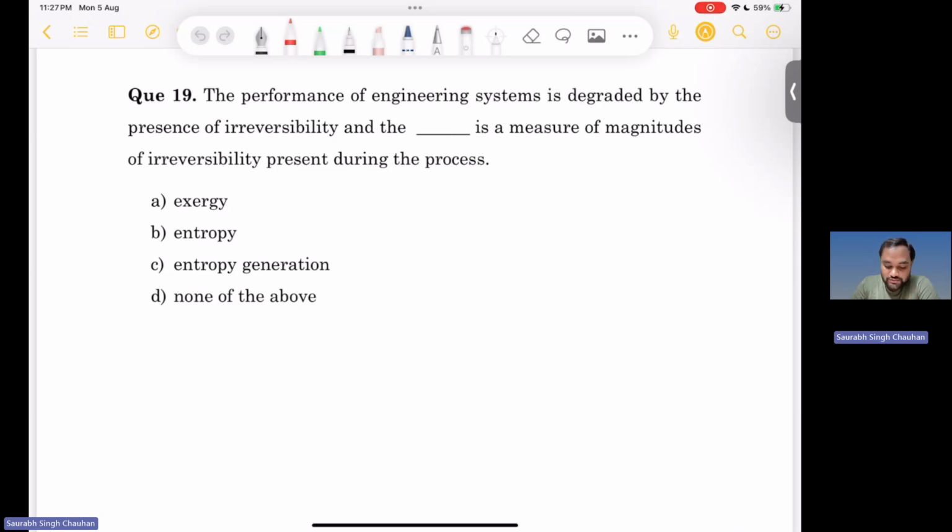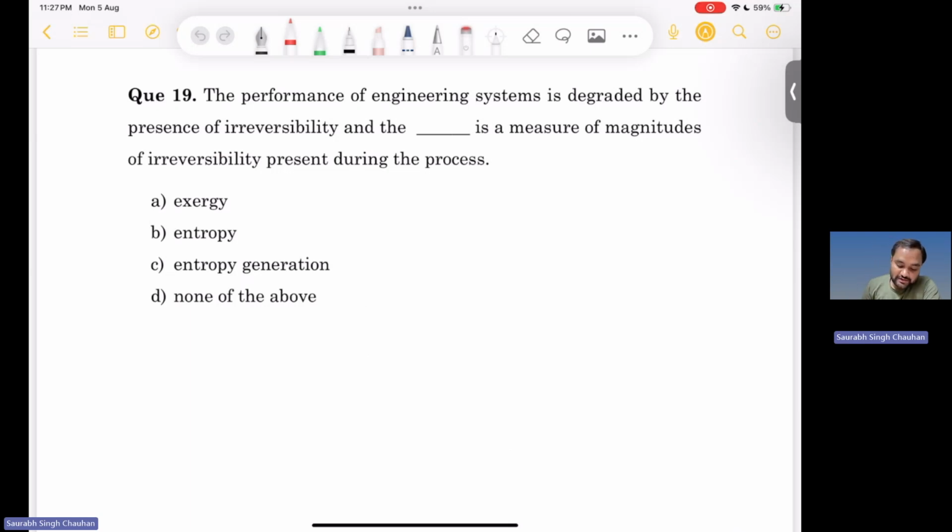I hope you must have guessed that it should be entropy generation. Entropy generation is the measure of the irreversibility of a process. More irreversible means more entropy generation, and if the process is completely reversible, then entropy generation is 0.